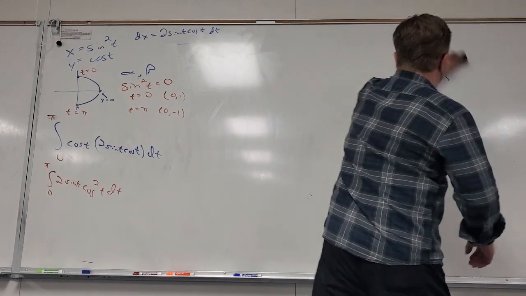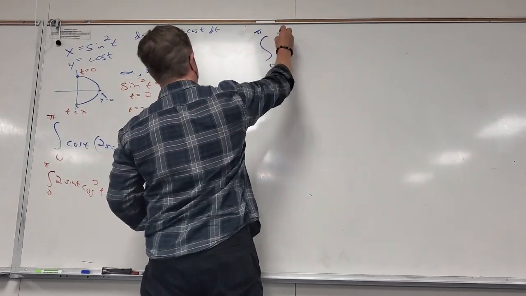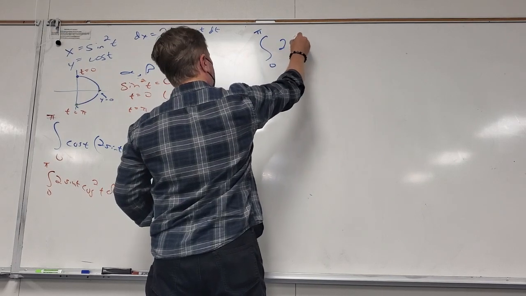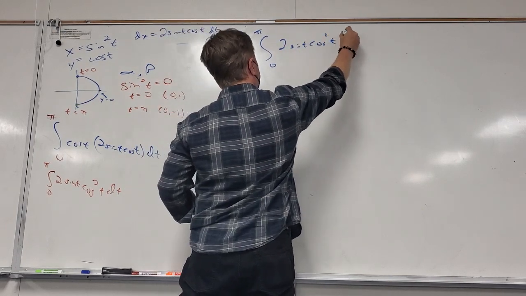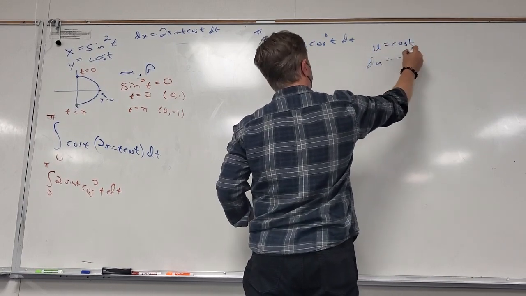All right. So let me write it again up here. The integral from 0 to pi of 2 sine t cosine squared t dt. I would let u equal cosine, so du is negative sine.